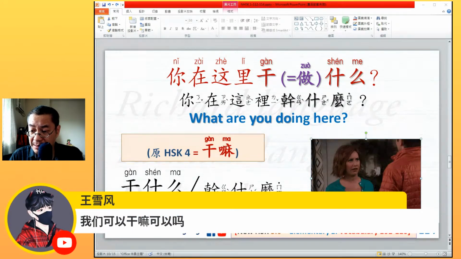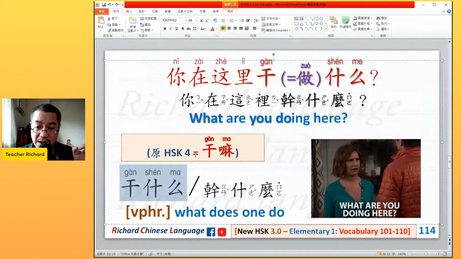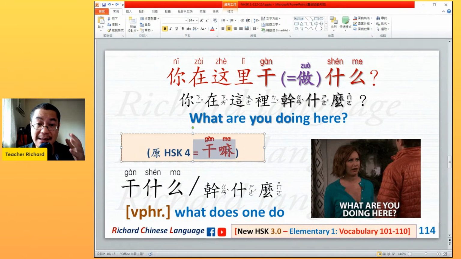我们可以干嘛? No, we don't say that. You can say 你在这里干嘛? Okay, pay attention please here. 干什么 also means 干嘛? Okay, so it's quite interchangeable. You can say 你在这里干嘛? Okay, which means what are you doing here?